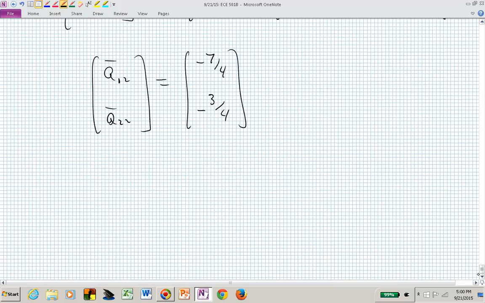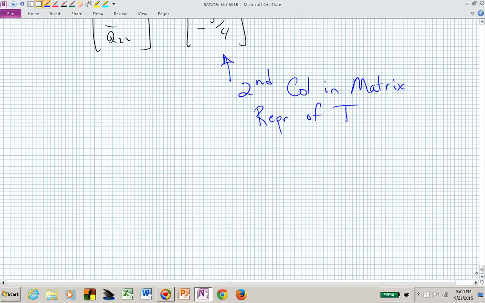And this now becomes the second column in the matrix representation of T. So that now my matrix representation of T in this new pair of bases, the domain was V1 bar, V2 bar.